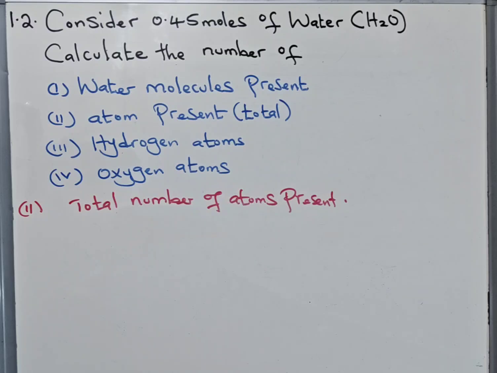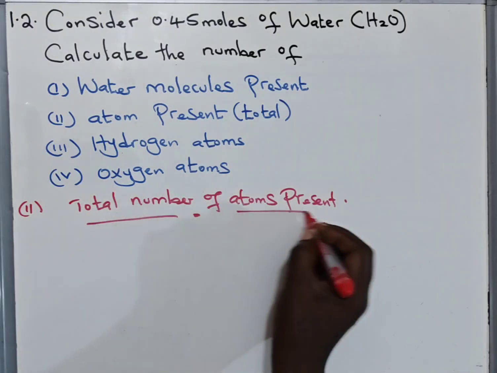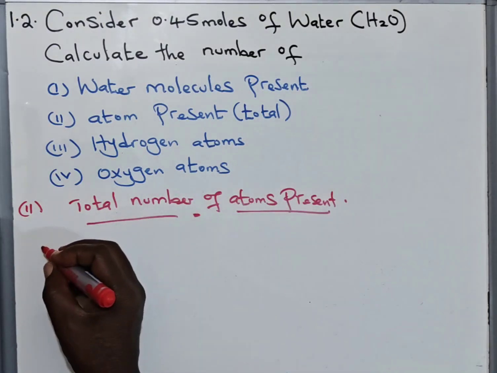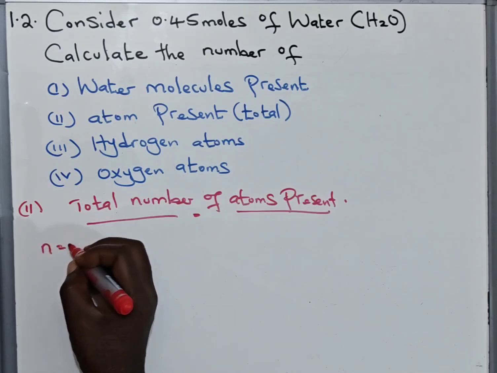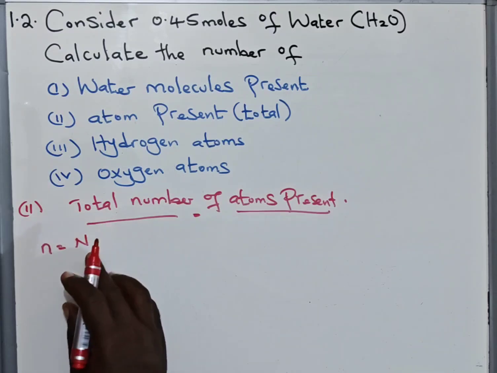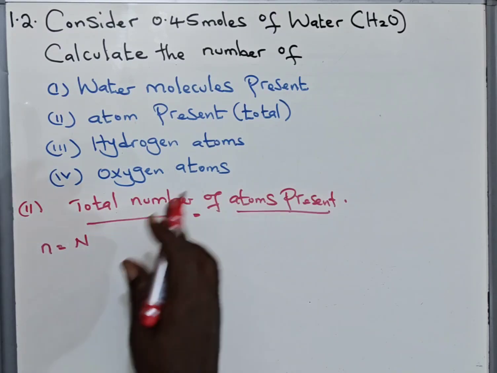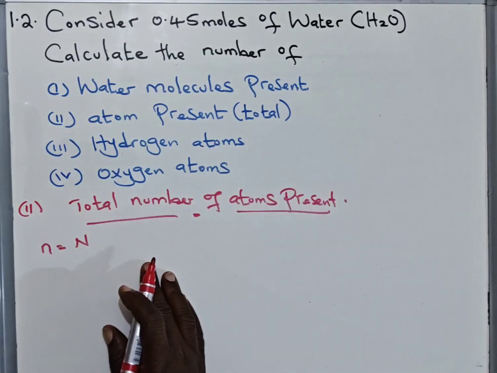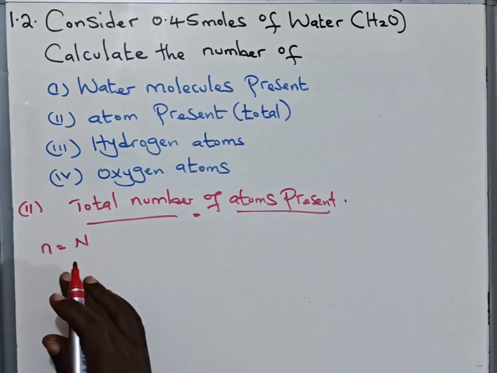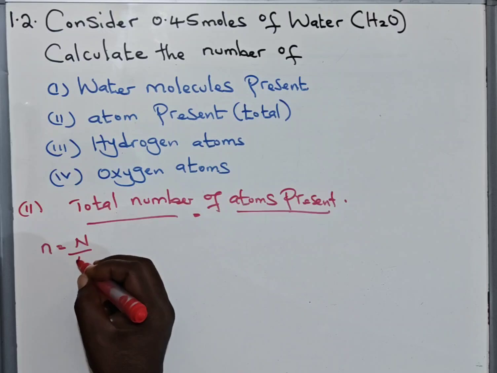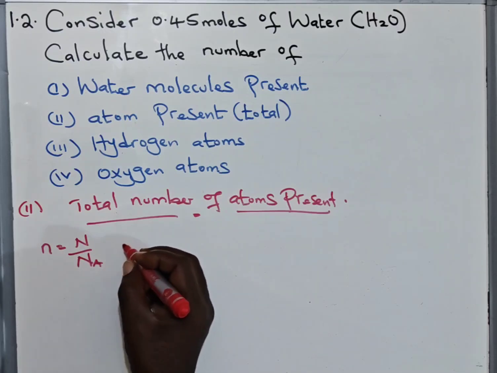You quote our relationship. It says that number of moles is equal to the number of molecules. We are dealing with water, which is a molecular compound, so it's the number of water molecules over Avogadro.